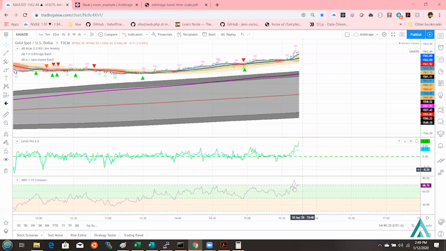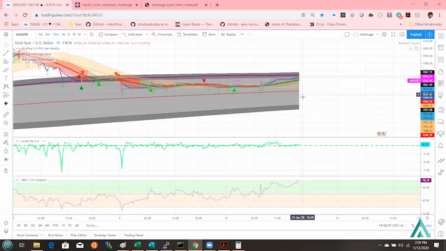And if I'm playing this aggressively, I'd already be in this trade from where it made this higher high and from where this line re-entered my RSI, to try to catch the dip down. Since I know that this pink line can't leave the band, I'm hoping to catch gold going from 1562 all the way down to 1558, which if I'm playing Forex, is 400 or so pips for me, and I'll take it and I'll run.